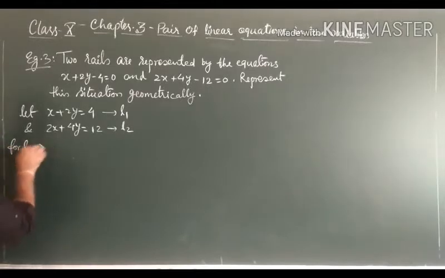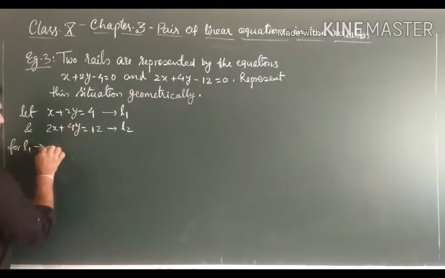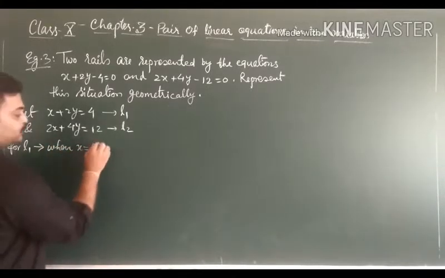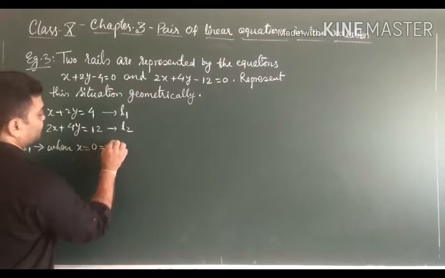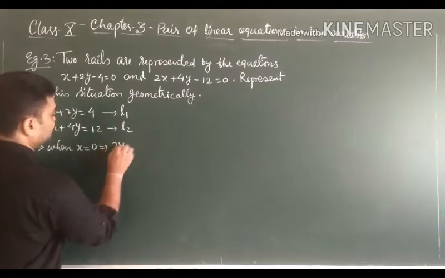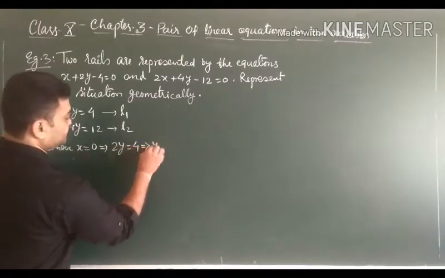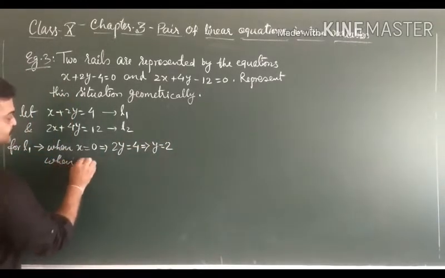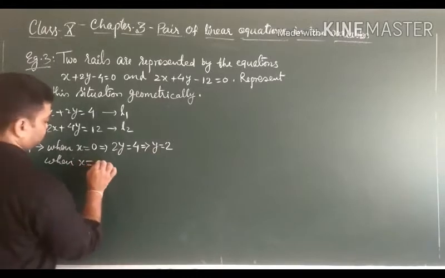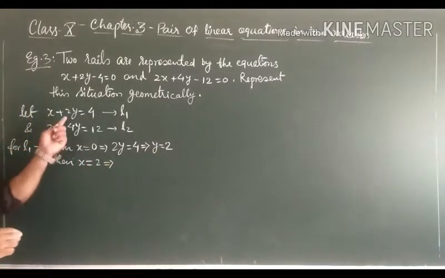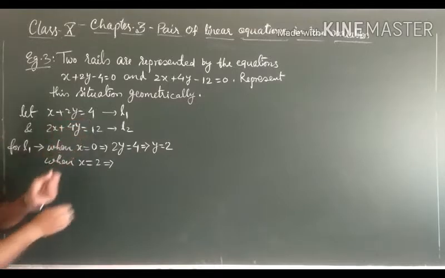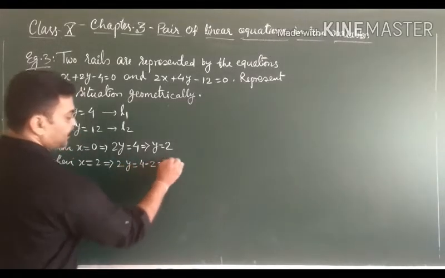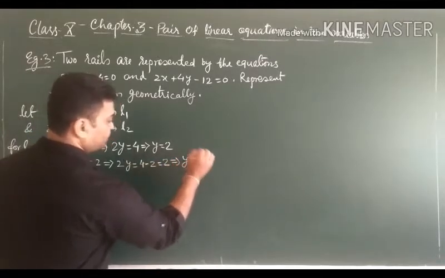When x is equal to 0, 2y is equal to 4, this implies y is equal to 2. And when x is equal to 2, 2y is equal to 4 minus 2, which is 2, and this implies y is equal to 1.